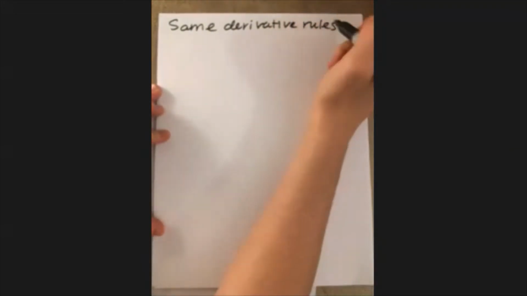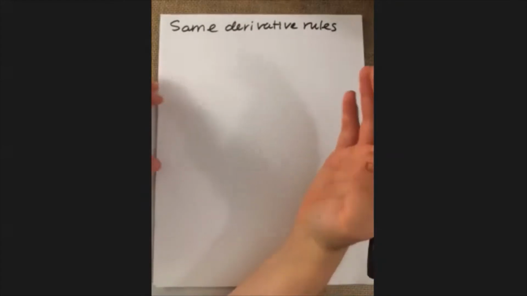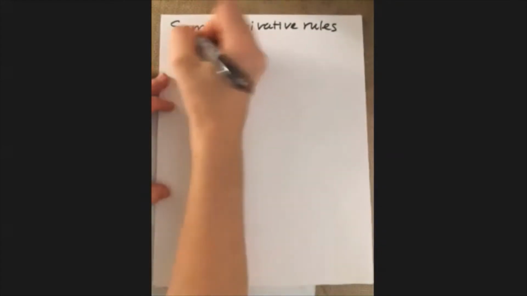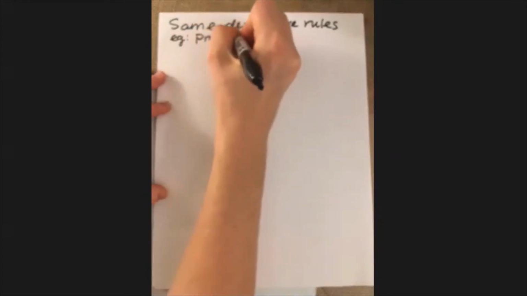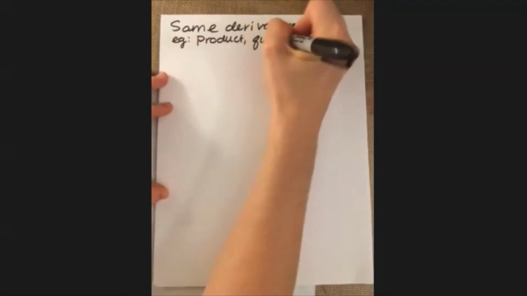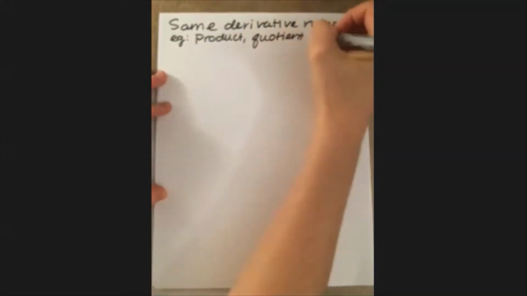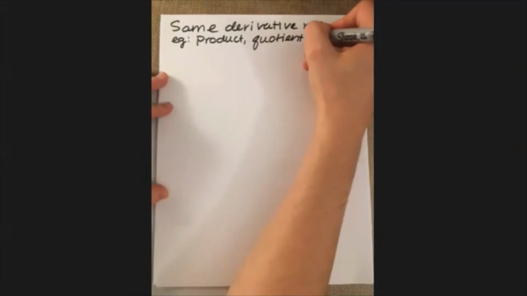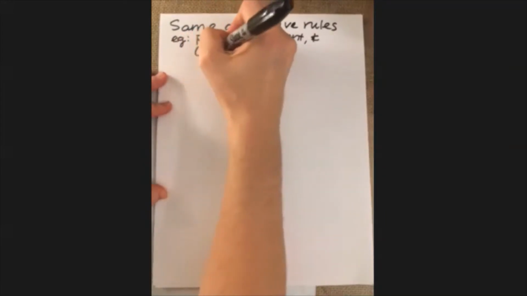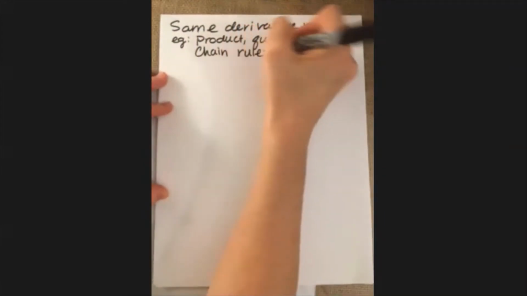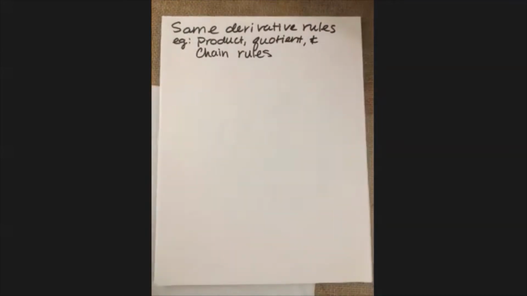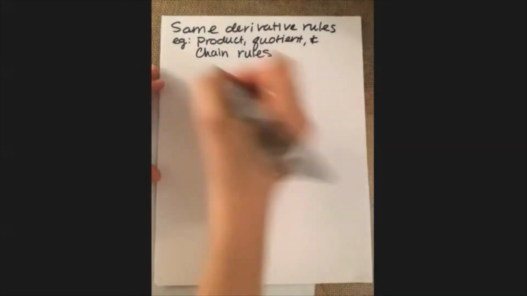And that goes beyond just the whole x squared equals 2x thing. This also includes our product, quotient, and chain rules. So let's work an example showing how all of those work out as well.